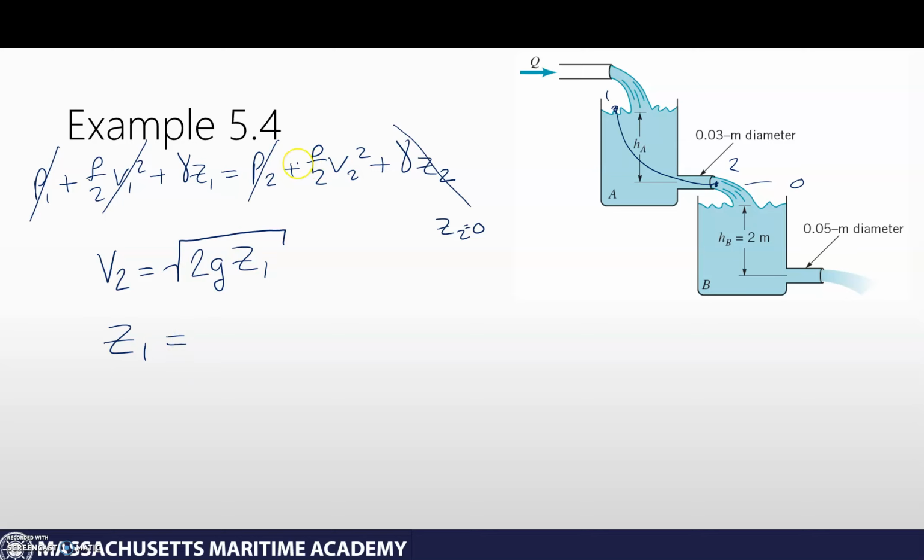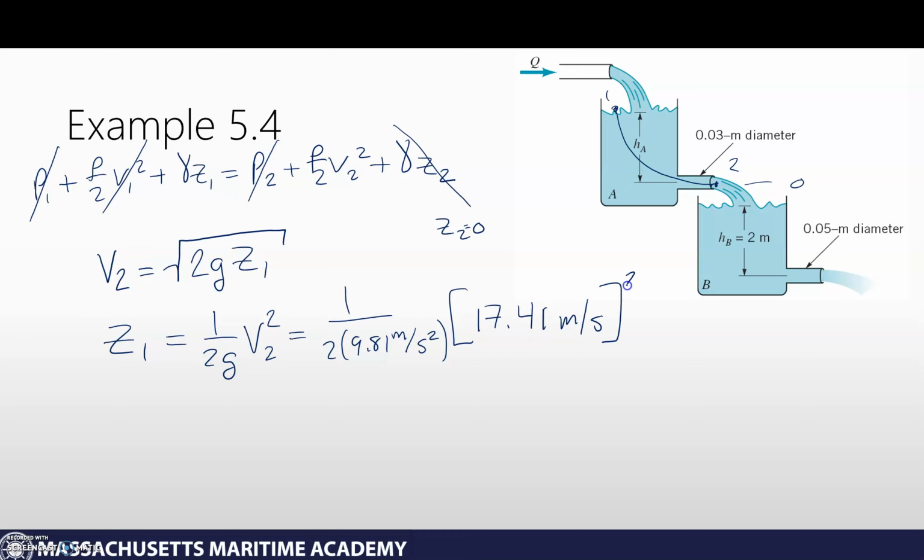Now, density divided by specific weight, since specific weight is just density times gravity, we're going to end up with 1 over 2g times V2 squared. So 1 over 2 times 9.81 meters per second squared, and then we're going to multiply that by 17.4041 meters per second, and we're going to square that.